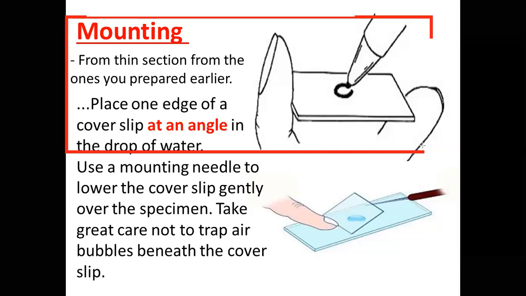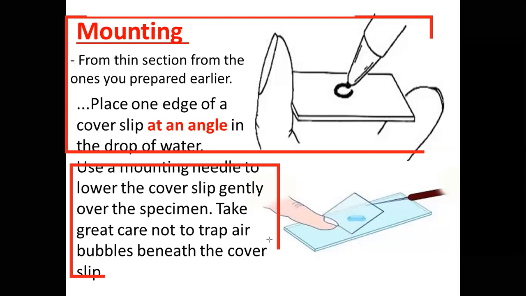The reason why we place the cover slip at an angle, especially 45 degrees, is to make sure that the moment you lower it, as you remove the inoculating needle, you don't trap air bubbles beneath the cover slip, because trapping air bubbles will impair your visual ability even to see the specimen that you intend. So this is basically to take care of trapping air bubbles beneath.